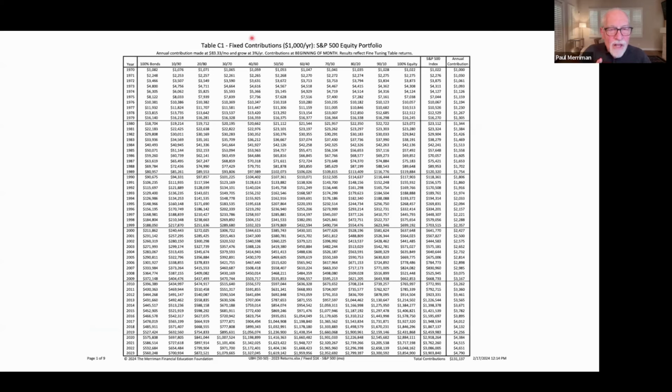But the amount that is contributed each year is going to vary by 3%, because every year, the first year 1,000, the next year 1,030, the next year 1,061.